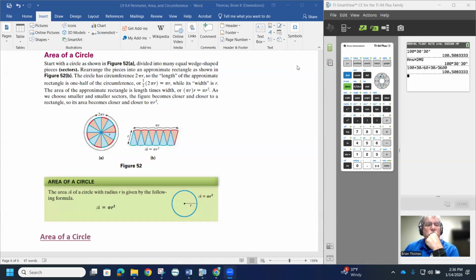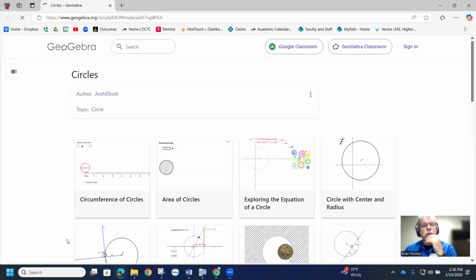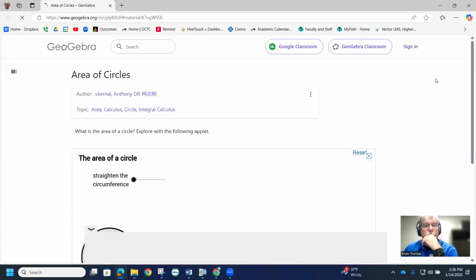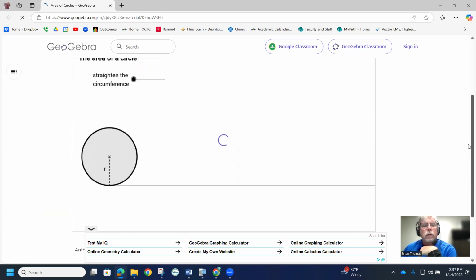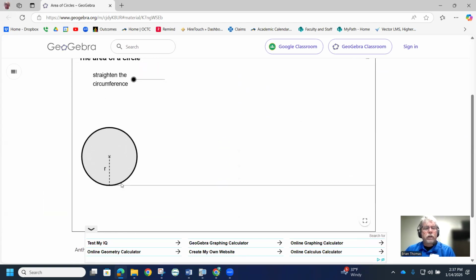So one thing we can do is use this little geo tool here. So looking at area of circles, one thing we do know is that if you go from here all the way around the circle, that's described as the circumference.